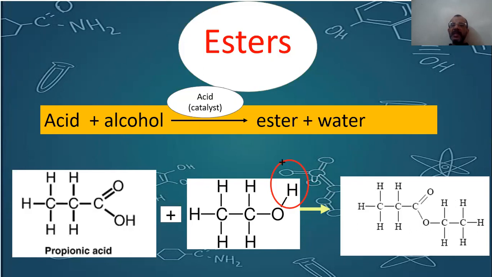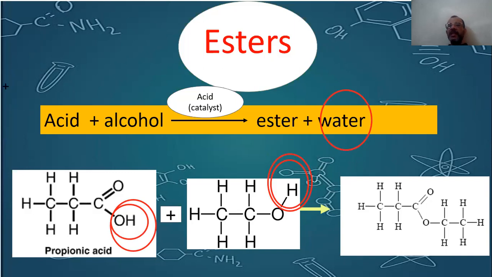How can we form ester? We remove hydrogen from alcohol. And we remove the hydroxyl group, OH group, from what? From the acid. OH from the acid, H from the alcohol. They form what? Water.